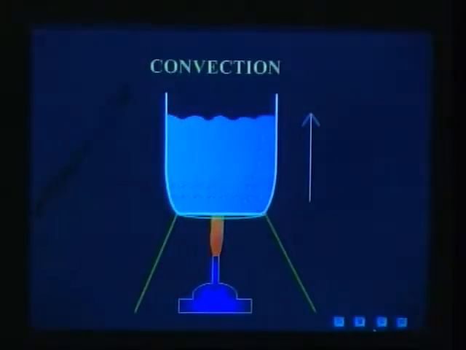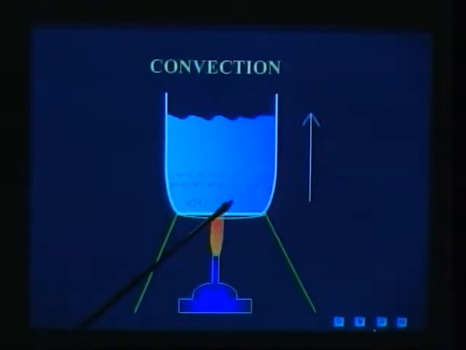Students, just now we observed that heat is transmitted in solids by the process of conduction. When we consider liquids, here heat is transmitted by the process of convection because of the density difference. When liquid in a container is heated, first the lower layer gets heated up and its density decreases and it comes up.